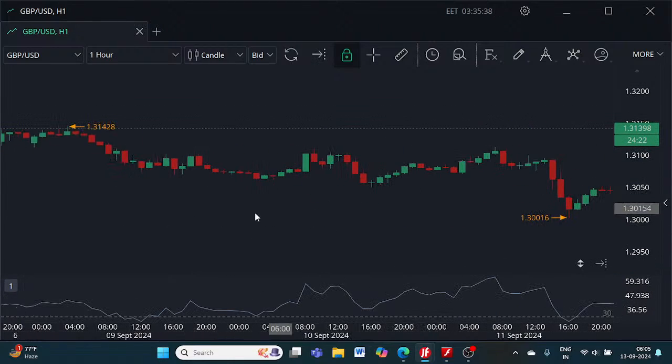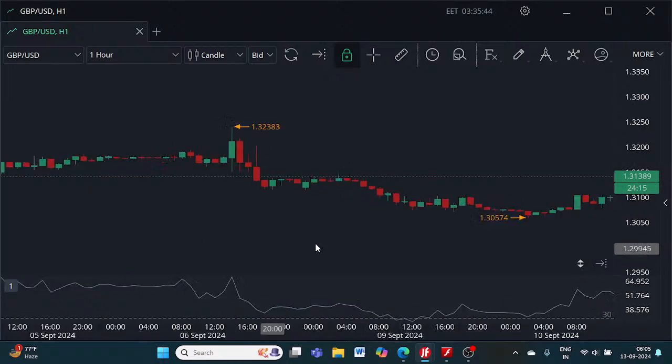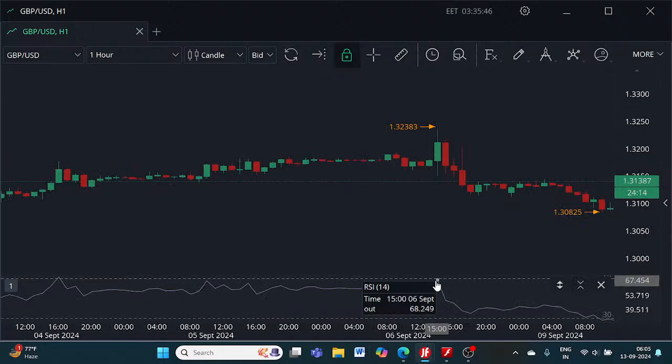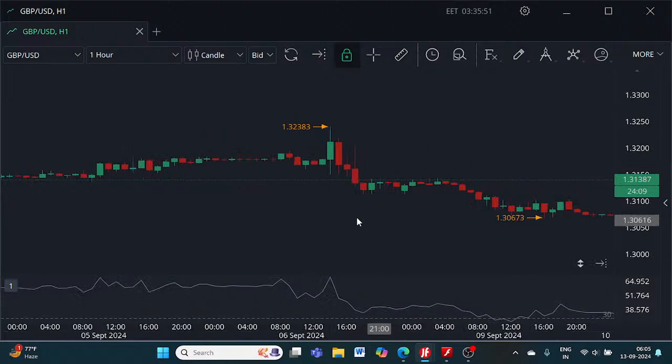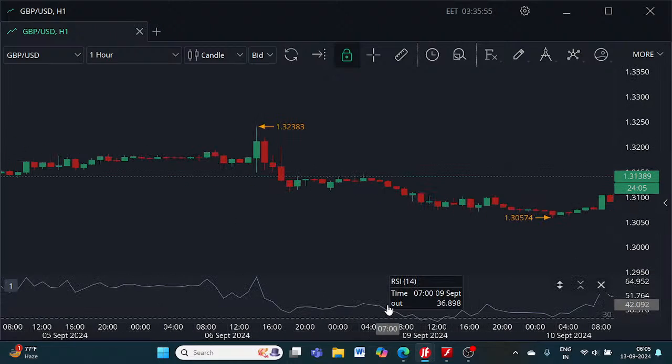I would like to give you a similar example on the bearish side as well. Here, after it changes course, this time around it peaked at 68, just a little shy of the 70 mark, and then there was a trend change. It started to decline. The momentum went into the bearish territory below 50.